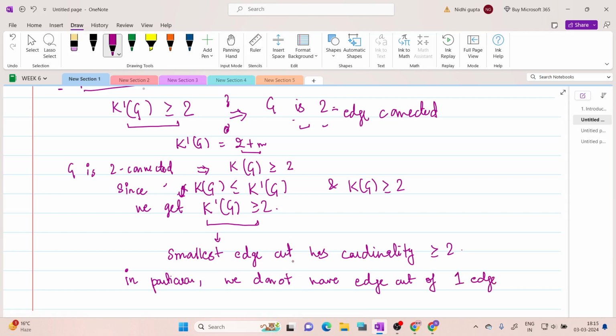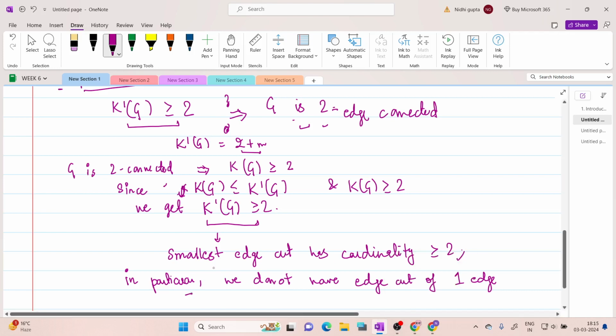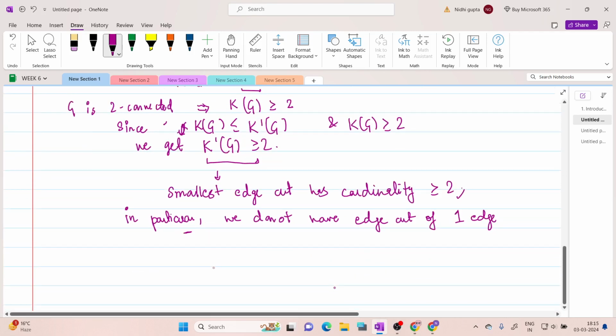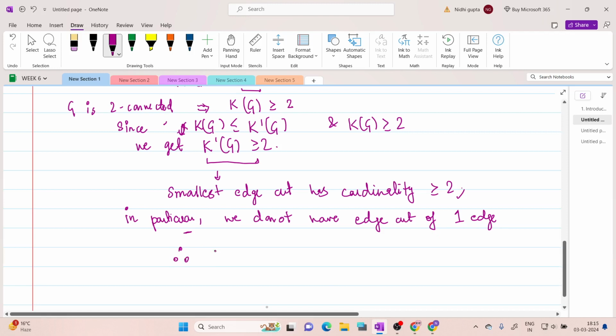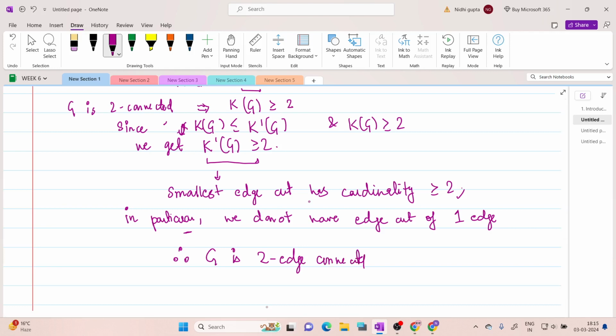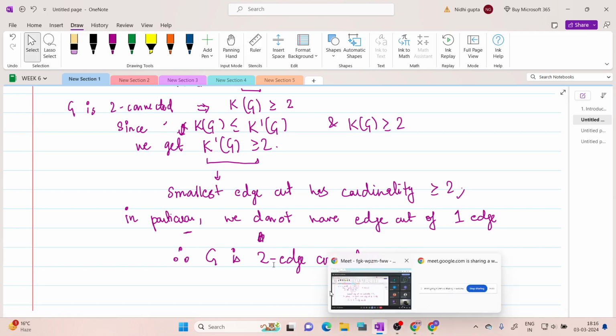Is this point clear? In particular, we do not have an edge cut of one edge, therefore G has to be two edge connected, because one edge is not sufficient to make this graph disconnected. Is it clear now? Yes, ma'am.